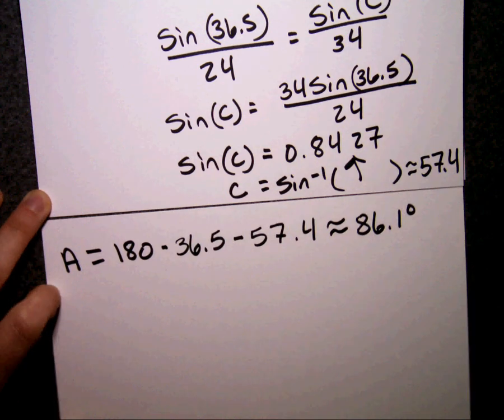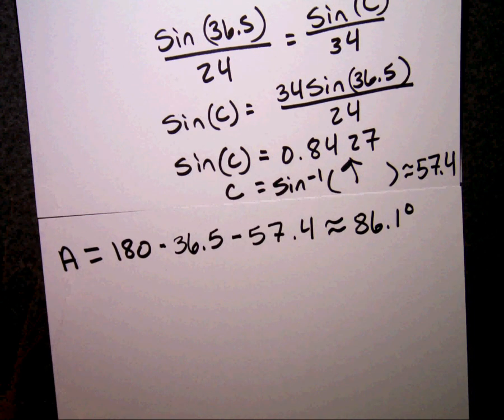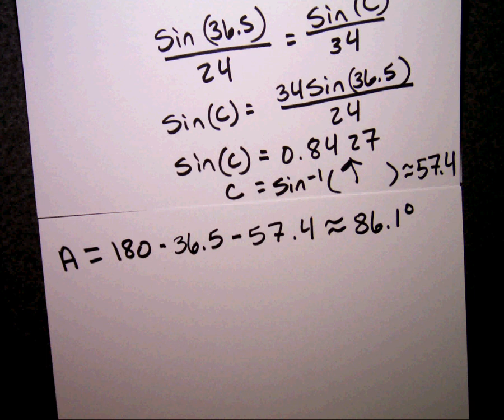So now that we know what angle A is, we can use the ratio for the law of sines with A to find what side A is.